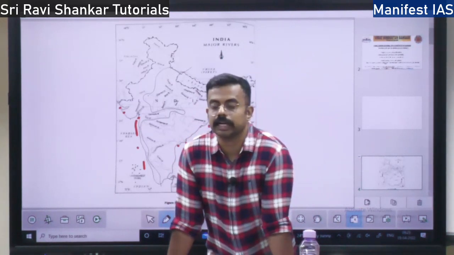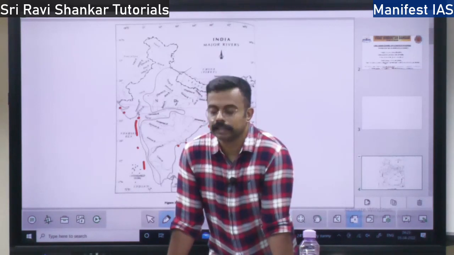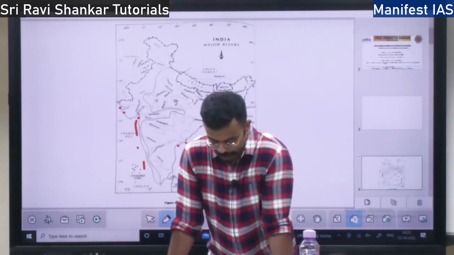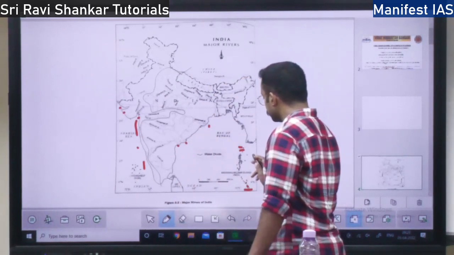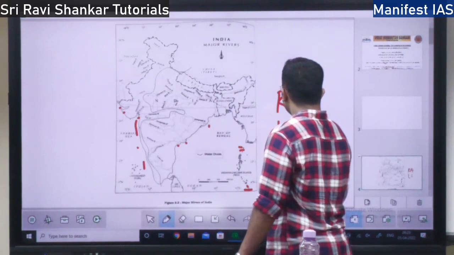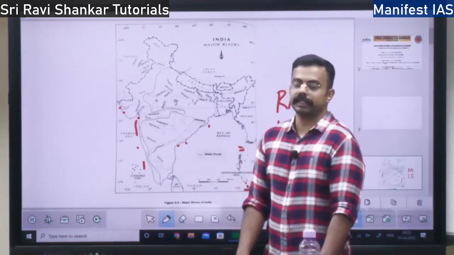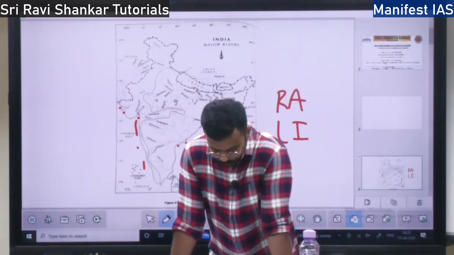This Andaman and Nicobar is divided into two groups: one is Ritchie Archipelago and another is Labyrinth Island, right?